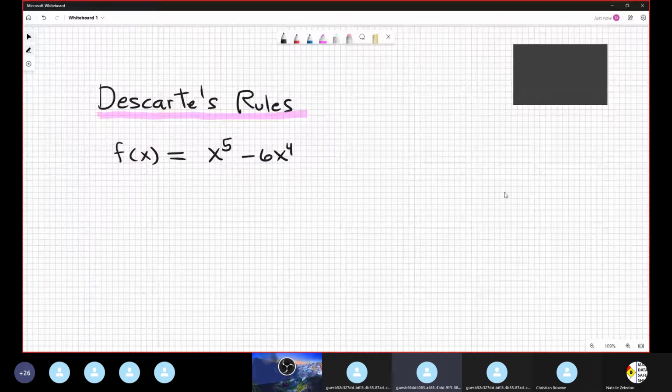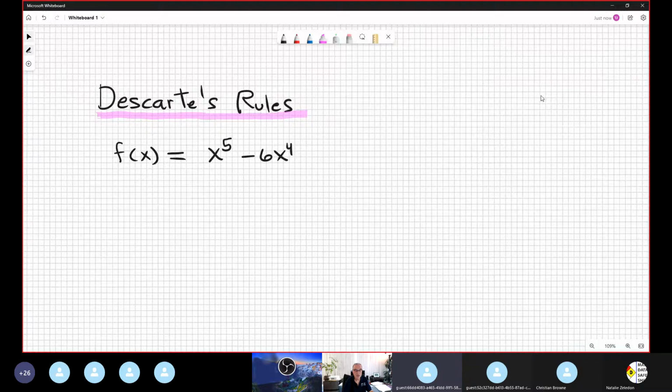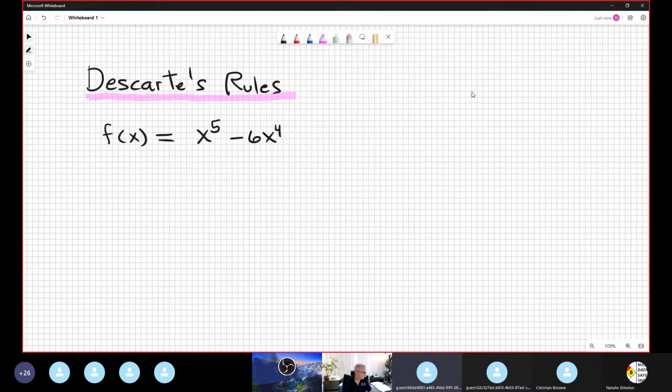Okay, switch. You see now? Plus 12x cubed minus 12x squared plus 11x minus 6.